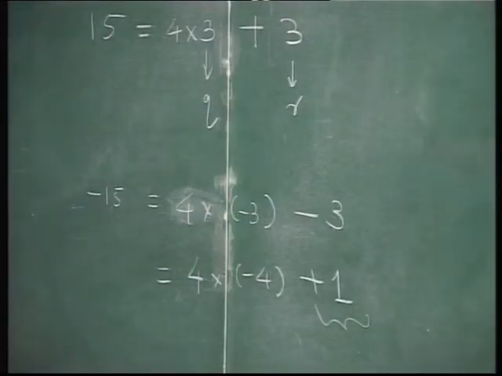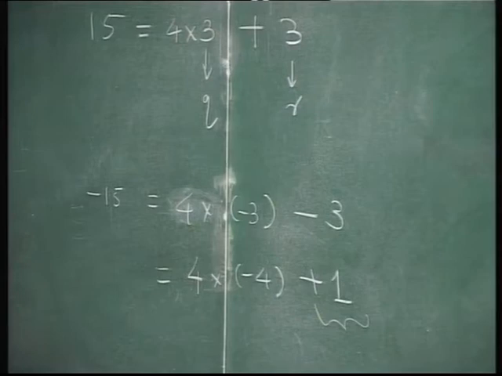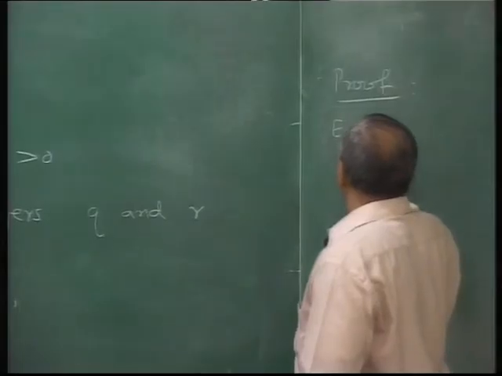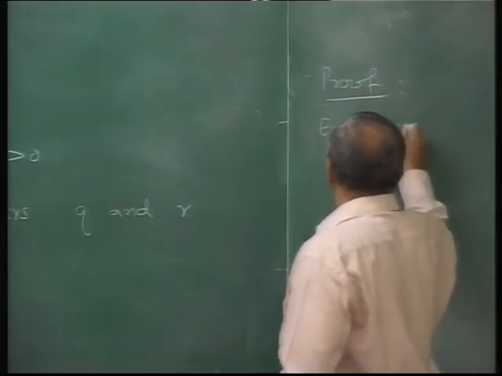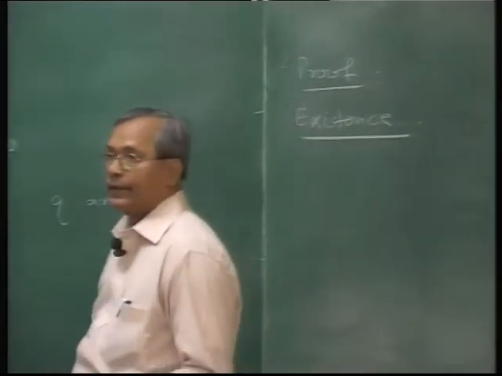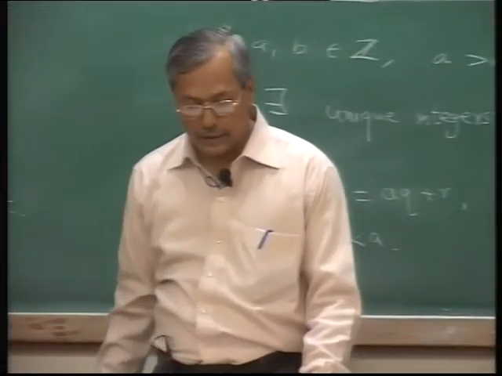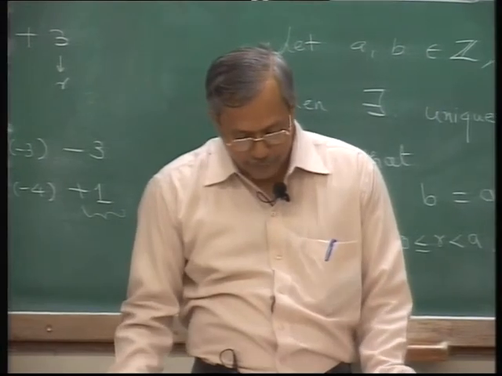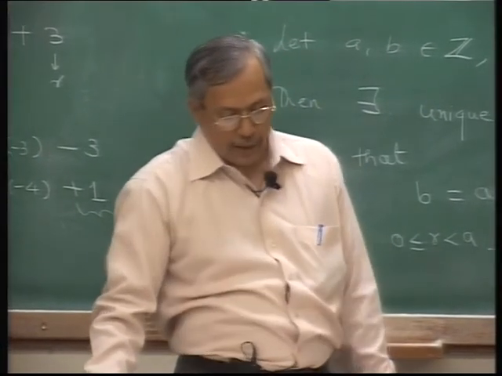So the proof of this, first part is existence. Existence, that we want to show that there exist q and r which satisfy the requirement.